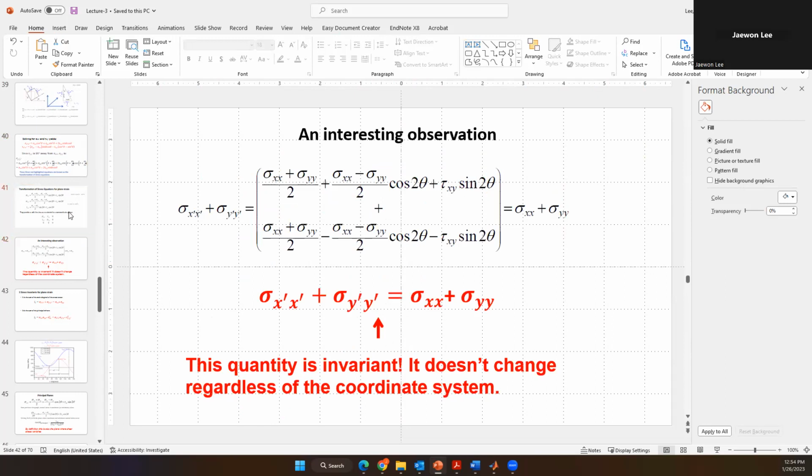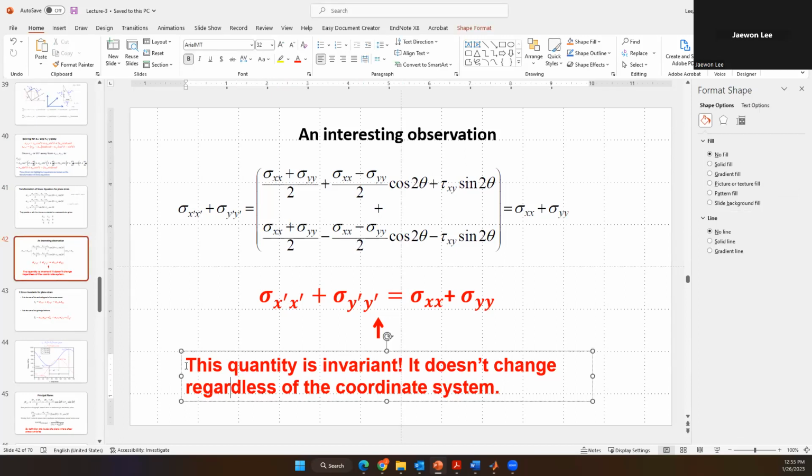Okay, next, the important thing is if we perform the transform of sigma xx, sigma yy, and tau xy, the sigma x prime plus sigma y prime should be equal to sigma xx plus sigma yy. If it is changed, our calculation would go wrong. So this quantity is invariant.